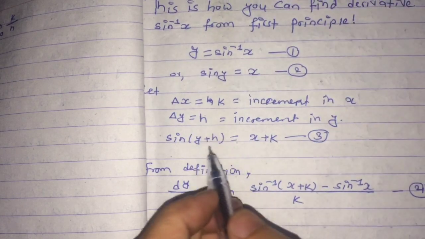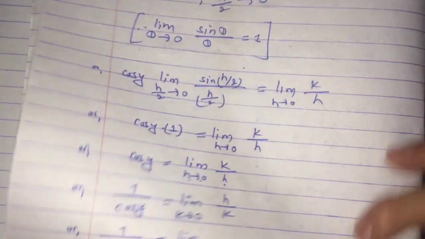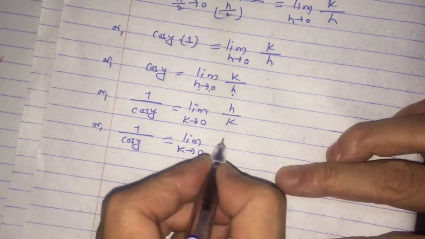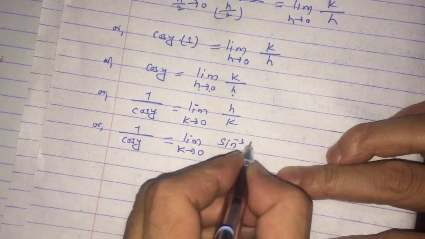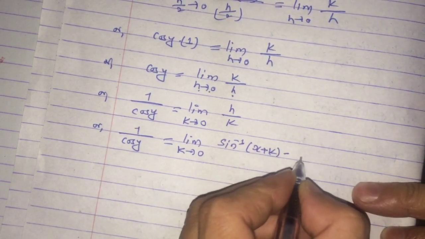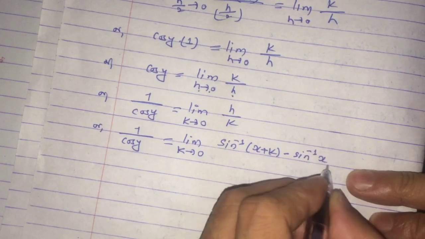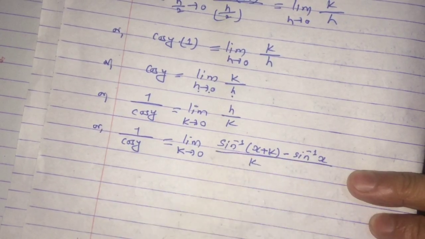So using the value of y from here, we can write sine inverse of x plus k minus sine inverse x whole divided by k.